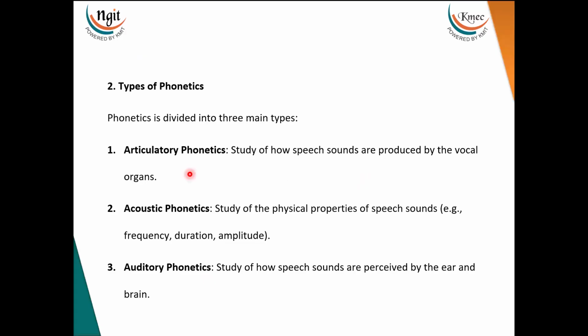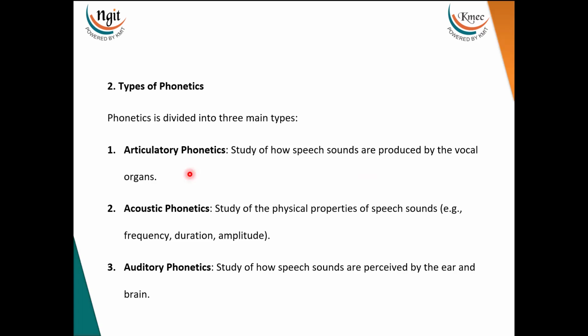When we talk about articulatory phonetics, it focuses on how speech sounds are produced by the vocal organs. For example, if we try to articulate the letter S, this particular S sound involves the tip of the tongue approaching the roof of our mouth.